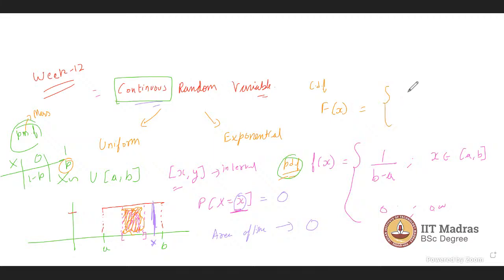So the CDF for uniform is x minus a over b minus a, where x belongs to interval a comma b, that is, x greater than a but less than b. As soon as it touches b, it will reach 1, and it is 0 if x is less than a.